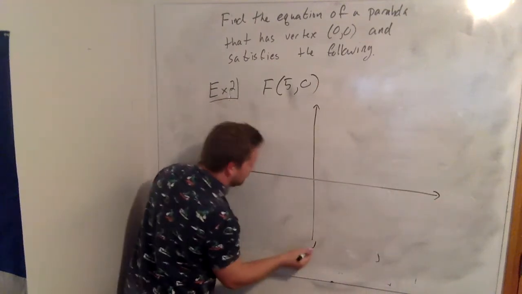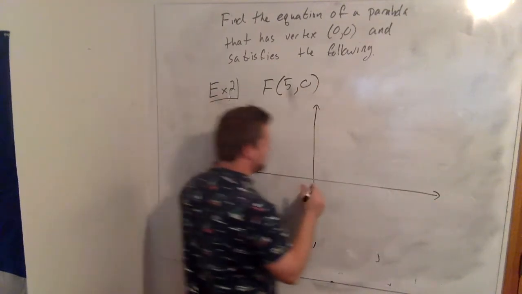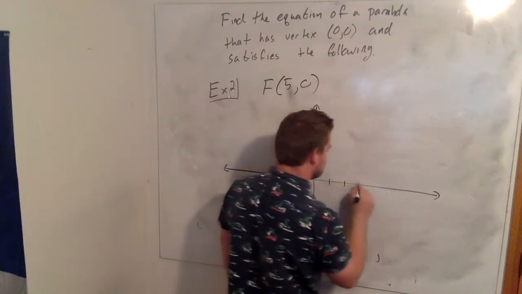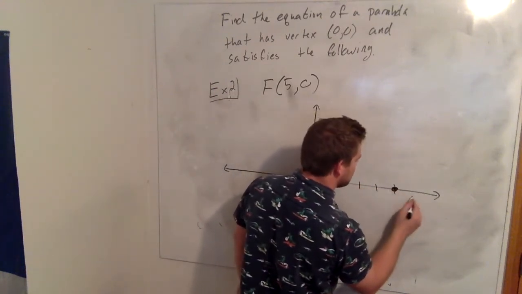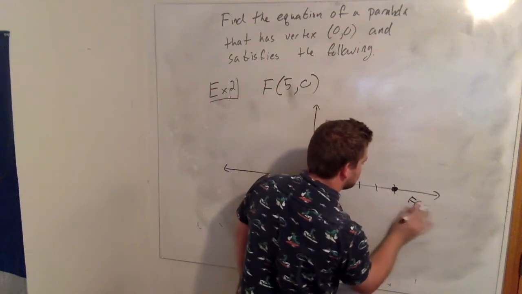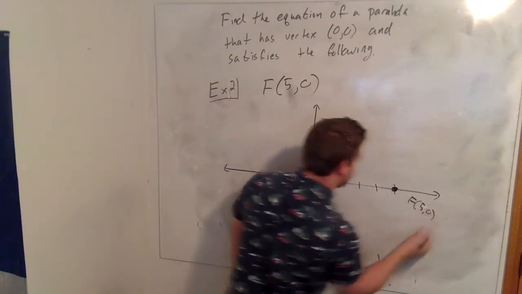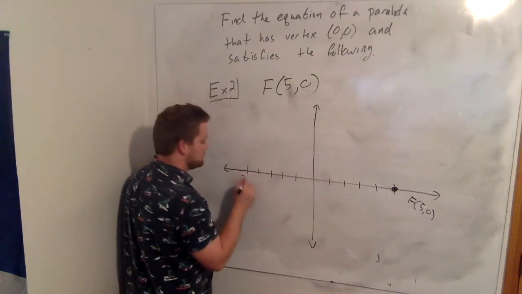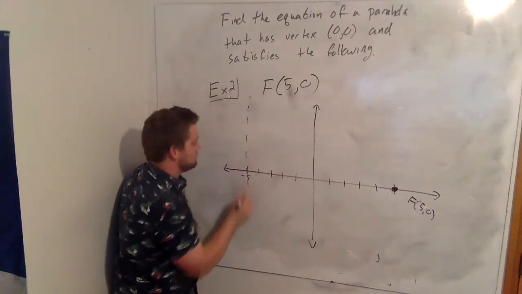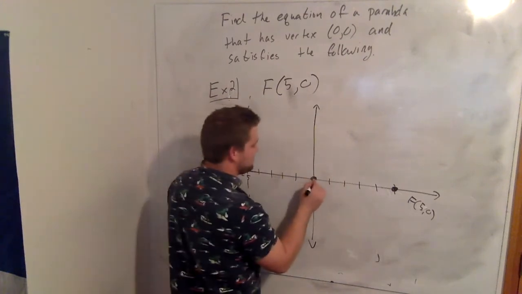The focus has coordinates (5, 0). So here's our focus. Our directrix will be over here. This is the vertex.